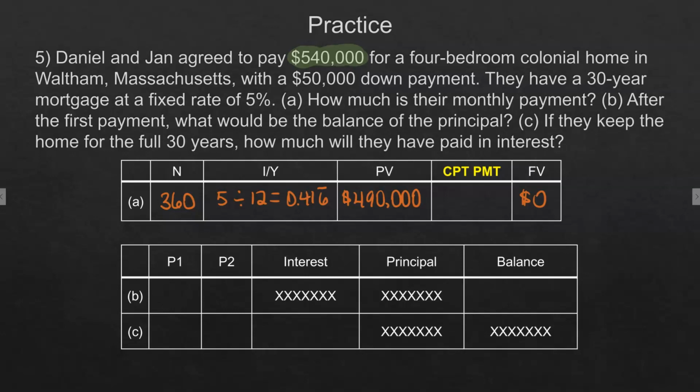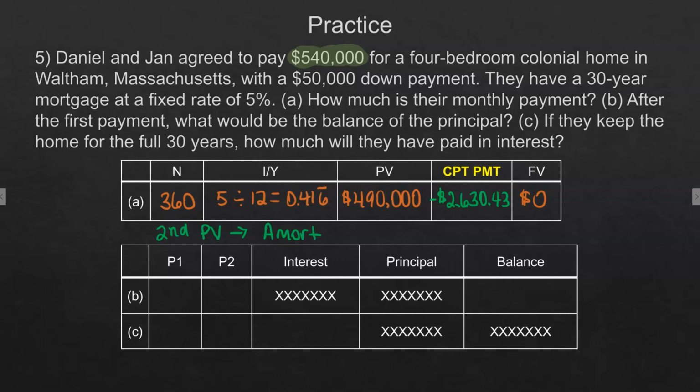Okay, so then you compute the payment, and then you leave this in your TVM keys so we can use the amortization part. The payment is $2,630.43. And then we go to amortization keys. So don't forget, we're going to do second PV to get to amort.